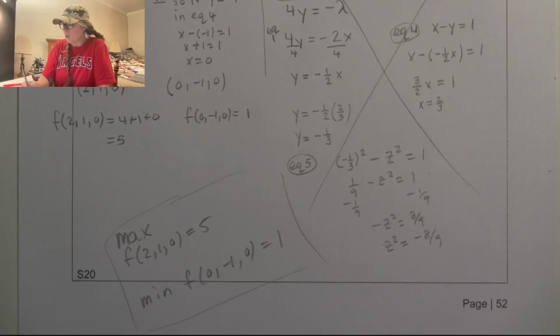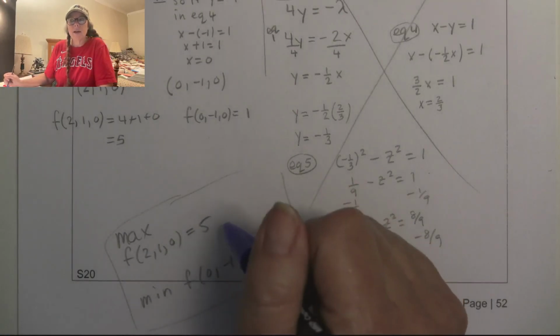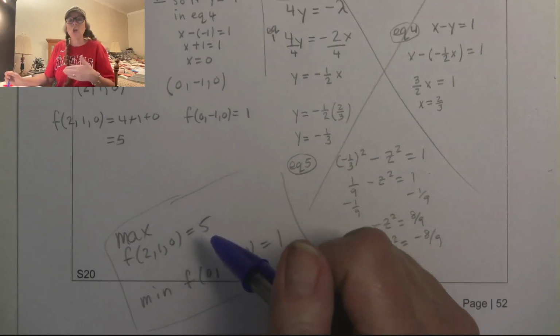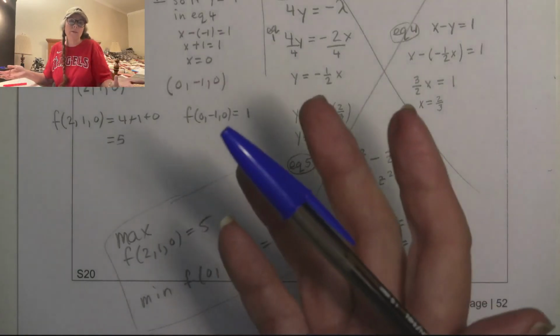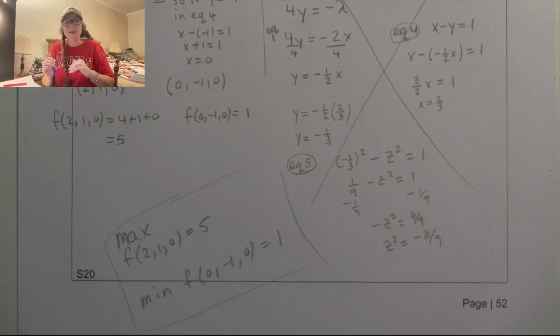And what other people said was to pick another point and see if that other point is lower or higher than your point, and then you can tell which one it is, because that point is either the absolute min or the absolute max. So if you choose any other point, then you'll know whether it's low or if it's high. And that gave me the right answer. So I'm like, oh, okay, that's a good idea. And so I just wanted to mention that.